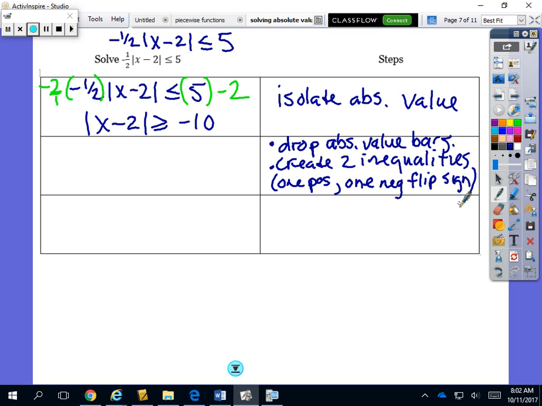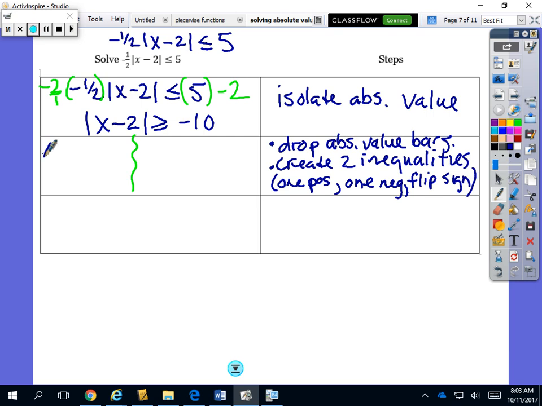Don't forget to flip the sign for the one that you flipped the positive or negative. When you made one negative that was positive or one positive that was negative, that one you also flip the inequality sign. So in this case, notice this number is negative. So that's why I wanted to qualify that. So I'm going to kind of separate that out.